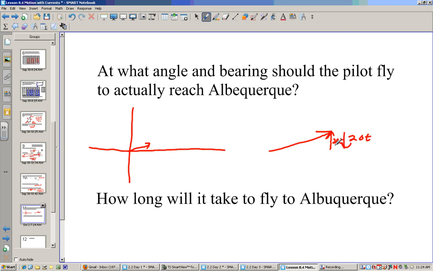Because when those two interact, then it will be flying due west. So what we'd have to do is have 20 there, and 250t there.